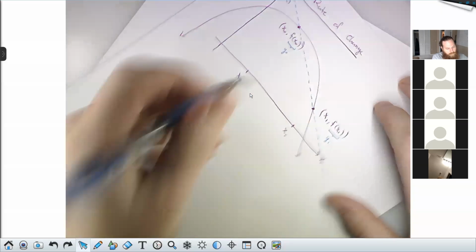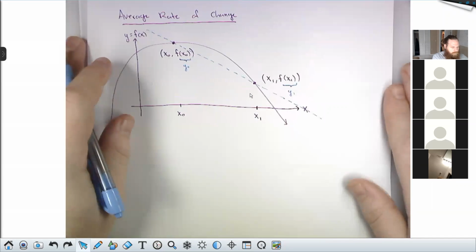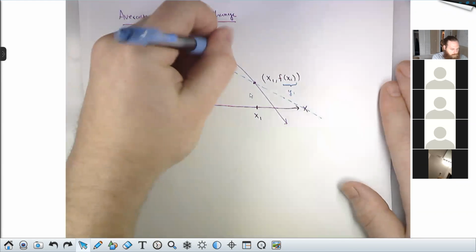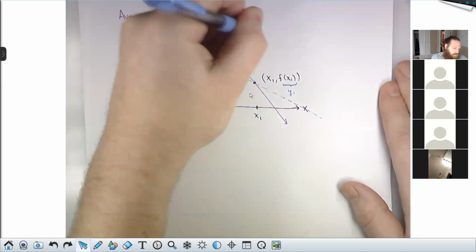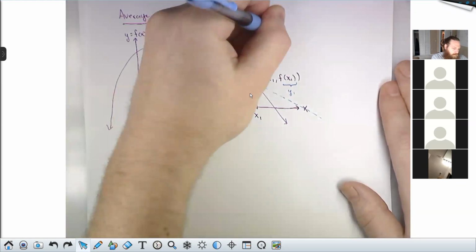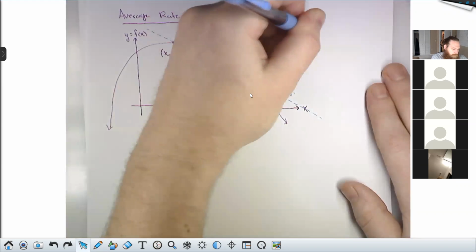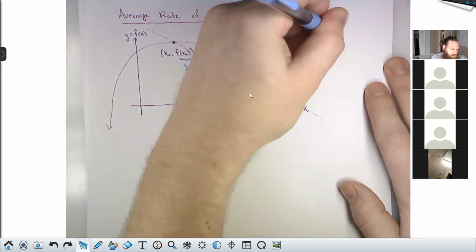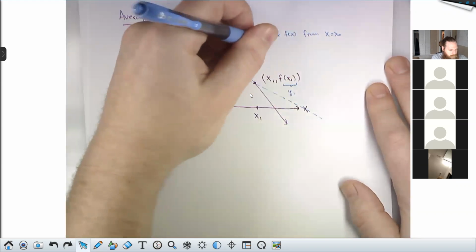Okay. Now a line like this, the blue dotted line you see here, is called a secant line. This is called the secant line for f of x from x equals x0 to x equals x1.